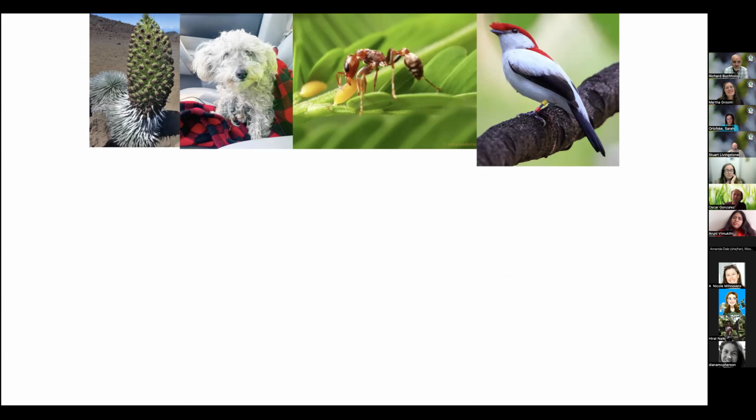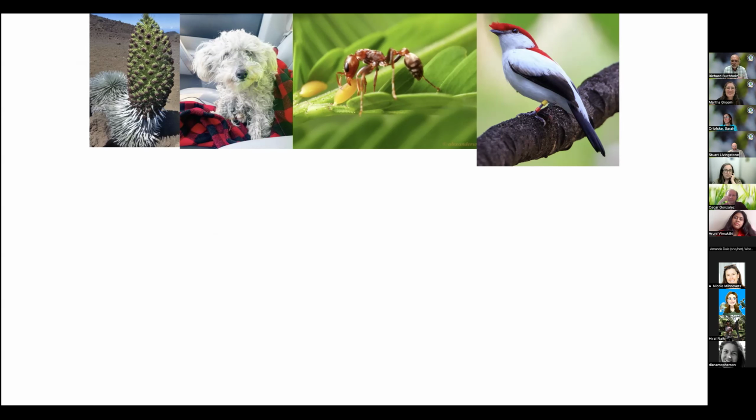All right. So in the top row here, we have one of the plants. That's the Mauna Kea silver sword. It's an endemic plant found on the volcanic slopes on Mauna Kea in Hawaii. And next to that, you can see poor little Petey. There's Petey in the passenger seat. And yes, Petey is adorable. Then we have the acacia ant, right, which has this great mutualism with acacia plants, acacia trees.